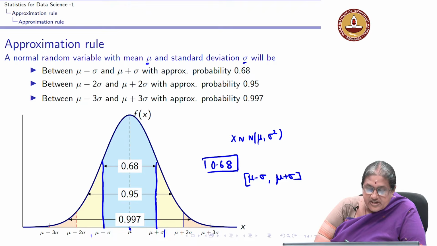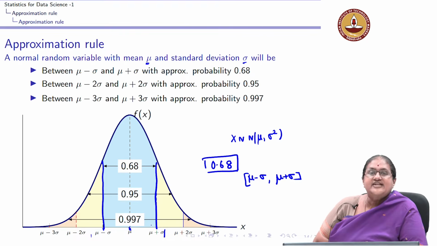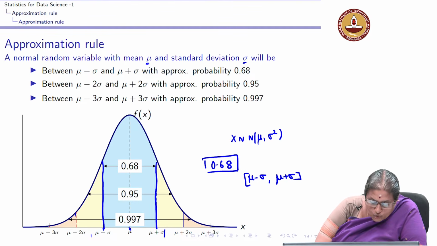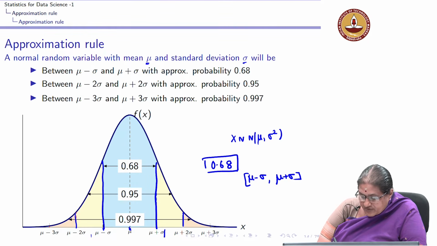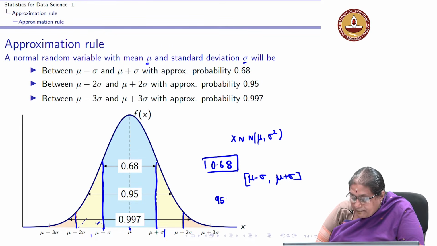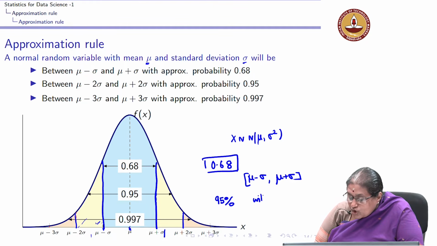So, the approximation rule says that within one standard deviation of the mean, I have 68% of the observations. Similarly, within two standard deviations of the mean, which is given by the yellow shaded region added to the blue shaded region, I have 95% of my observations.